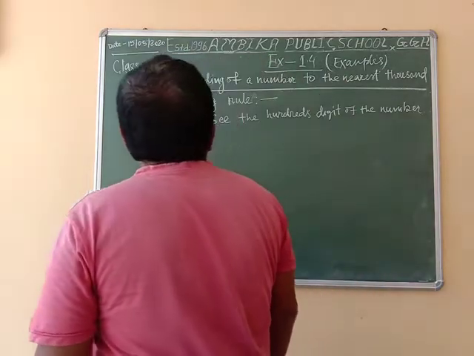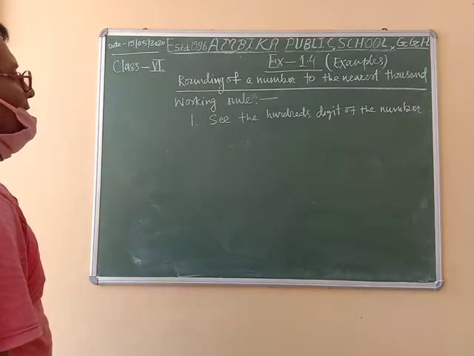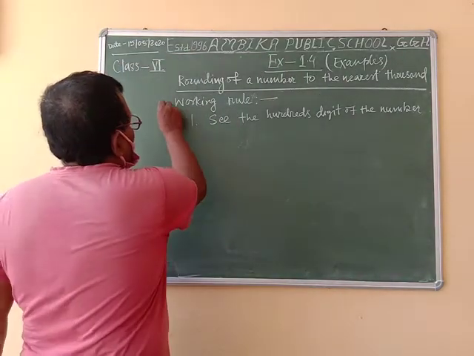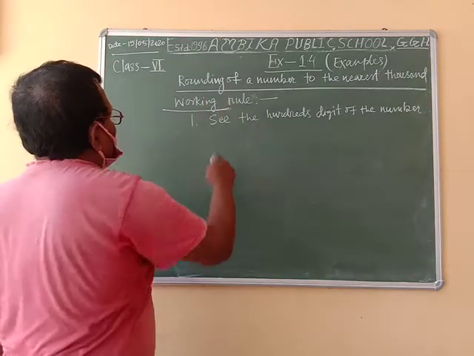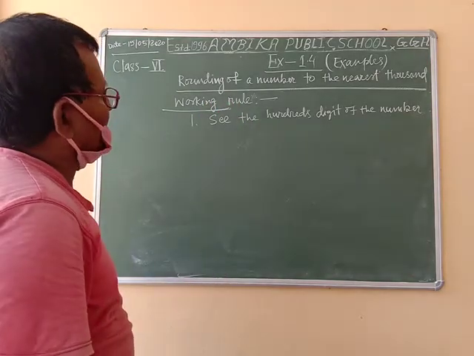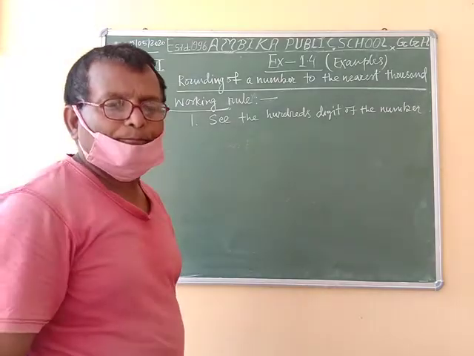If you have to round off a number to the nearest thousand, at first see the hundredth digit of the number.